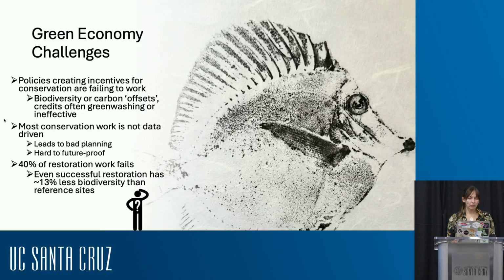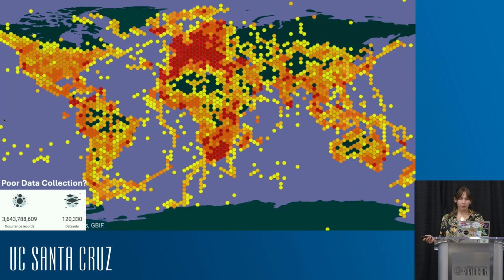We also have most conservation work that's not data-driven, and sometimes that's okay, but it's really easy to lead to bad planning, and it's hard to future-proof when you don't have data to support you. And even when we try to do restoration, globally 40% of restoration projects fail. And even when restoration does work, they still fail to meet the level of biodiversity metrics that reference sites have. And this is just a few of the challenges to making a green economy.